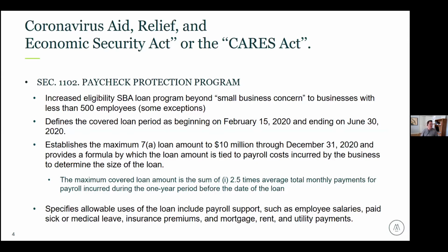And the loan period is February 15th, looking back through June 30. What do you mean, the loan period is February 15th? Yes, what they determined to be a covered loan. And the reason they did that backwards is that people just applied for different loans. And I understand there's a provision that allows you to convert those to these covered loans.